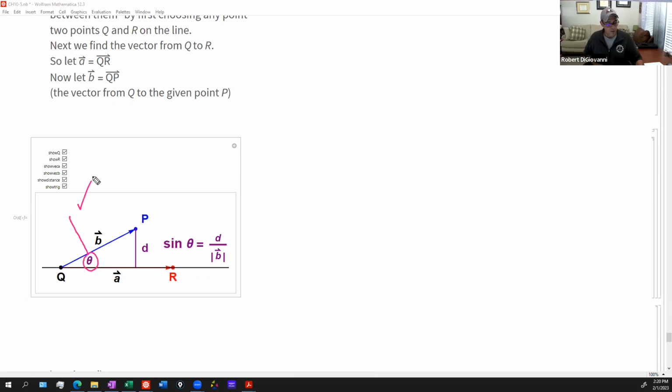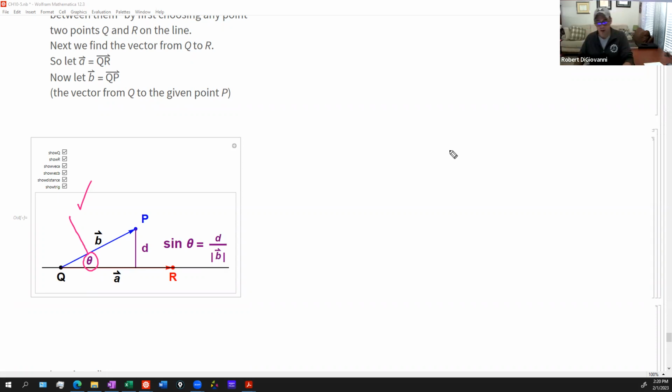But more importantly, we've created a right triangle. In this right triangle, if we want to know what D is, we can just use the definition of sine: sine of theta is the opposite over the hypotenuse. So I put sine of theta is D over, and notice I use the magnitude of B here because B is a vector.